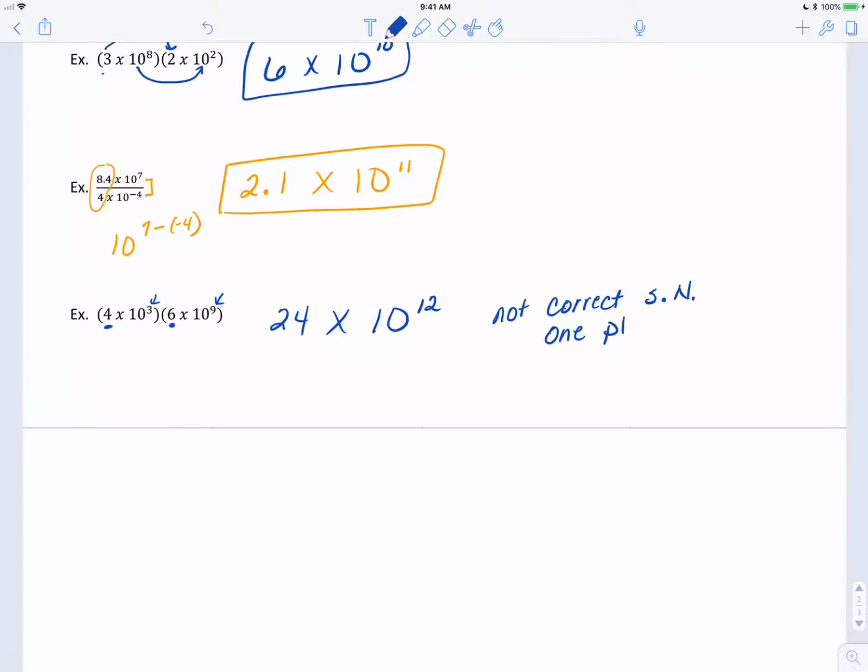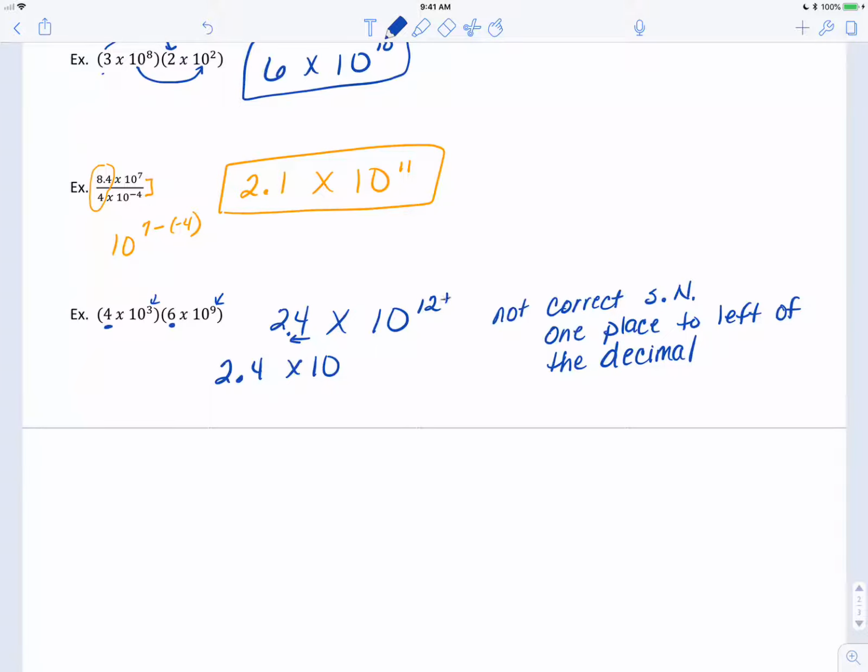One place to the left of the decimal. So where does this decimal need to go? Well, it needs to go between that 2 and 4. So 2.4 times 10, but if we're moving it one more digit over, what does that mean?